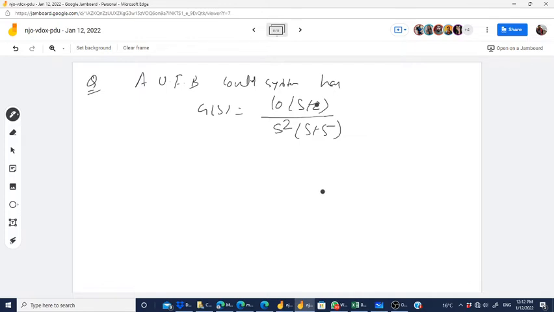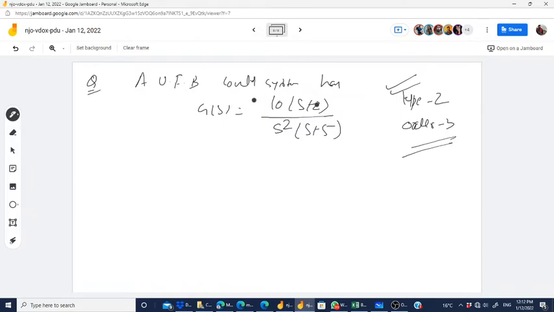What is the type and order of the system? Type 2, order 3. Very good. This is the correct answer, because G(s) is given as the open loop transfer function. Based on this, you can determine.